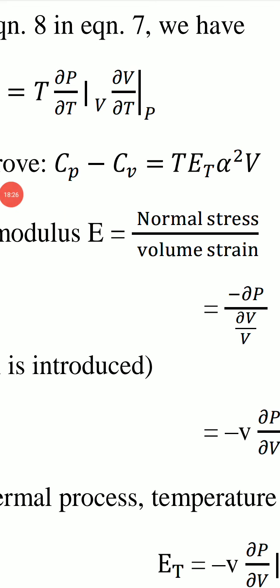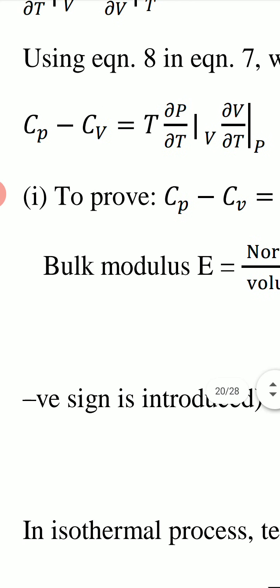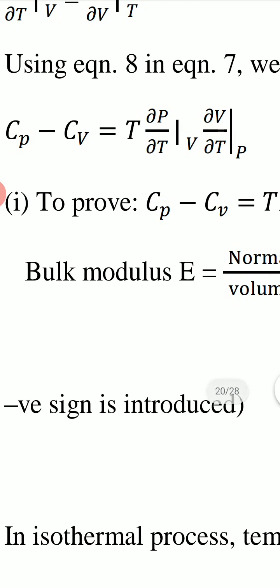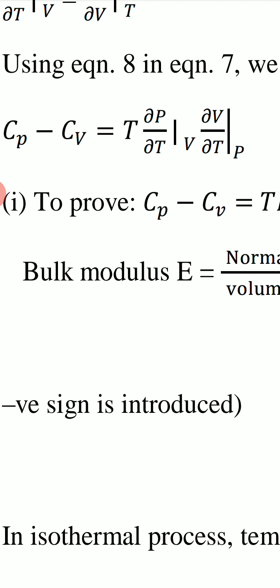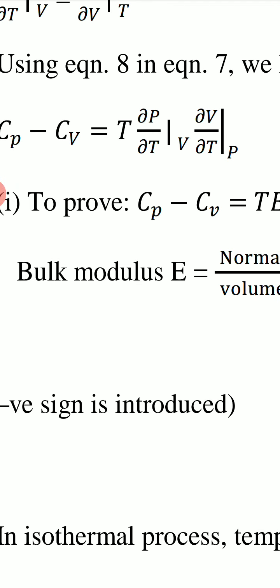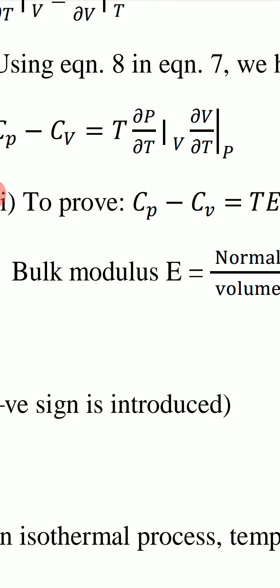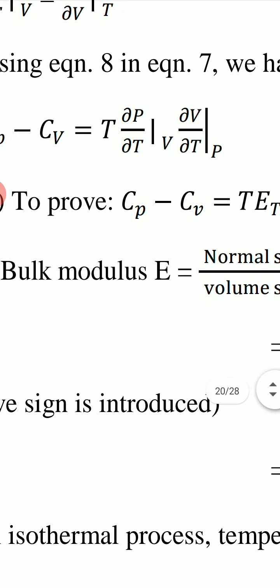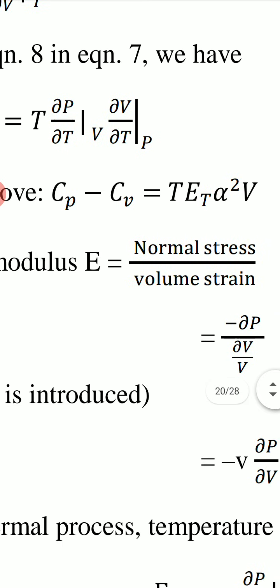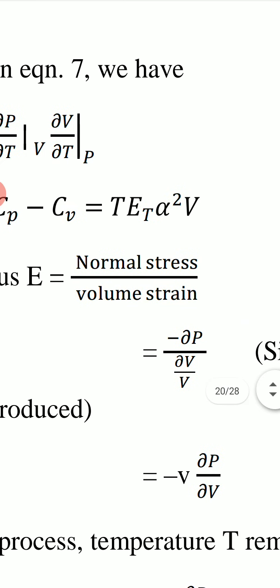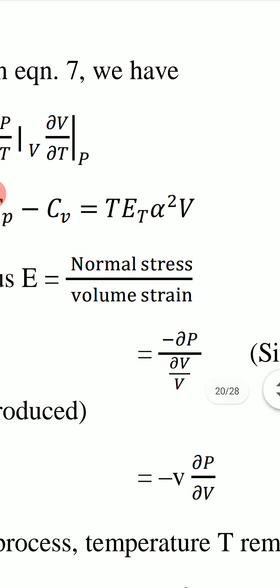Now we want to prove that Cp minus Cv equals T alpha square V. We have already proved that Cp minus Cv equals T delta P upon delta T at constant V into delta V upon delta T at constant P. We have defined Et, we have defined alpha.